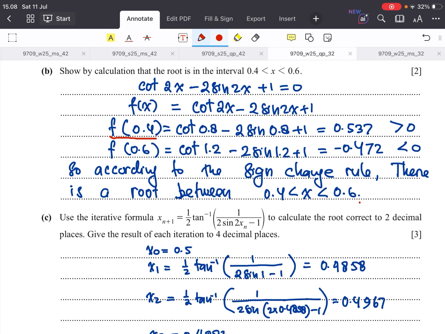And then C, use the iterative formula x(n+1) equals half tan inverse of 1 over 2 sine 2xn minus 1 to calculate the root correct to 2 decimal places. Give the result of each iteration to 4 decimal places.